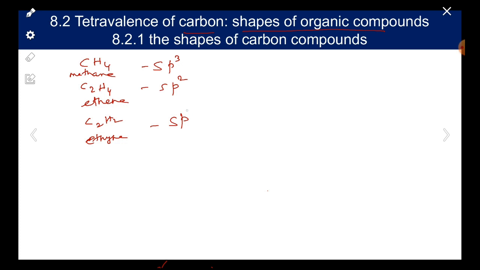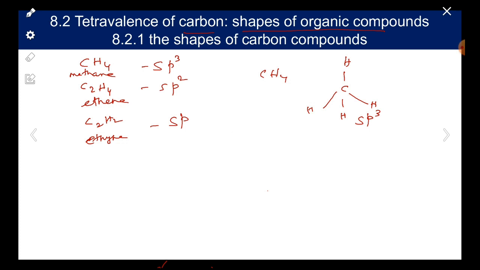So here one thing we should remember: methane has sp3 hybridization because the carbon is connected with four hydrogen atoms. So it forms a tetrahedral structure like this. Hence it has sp3 hybridization, whereas ethene has a different structure.